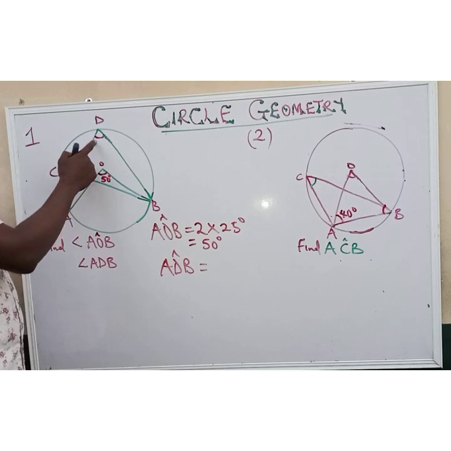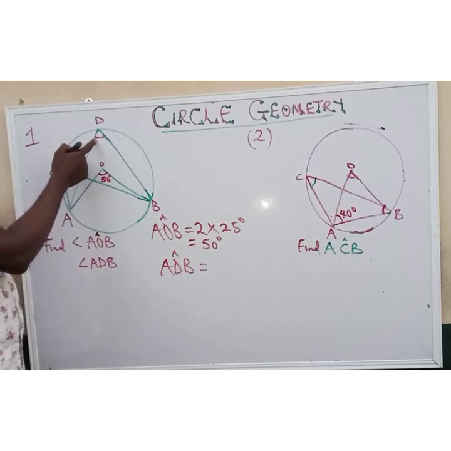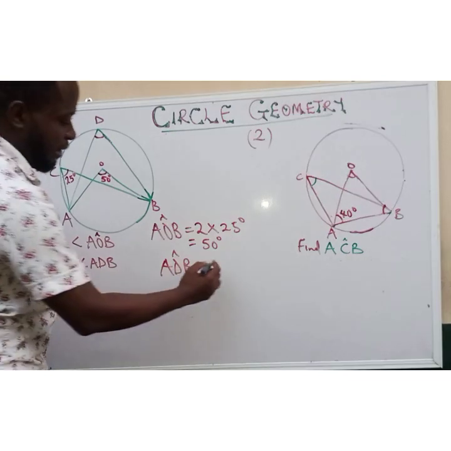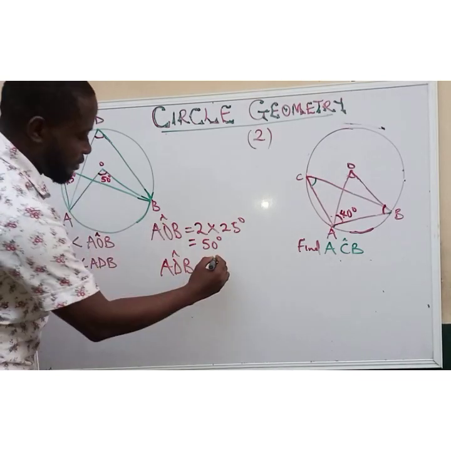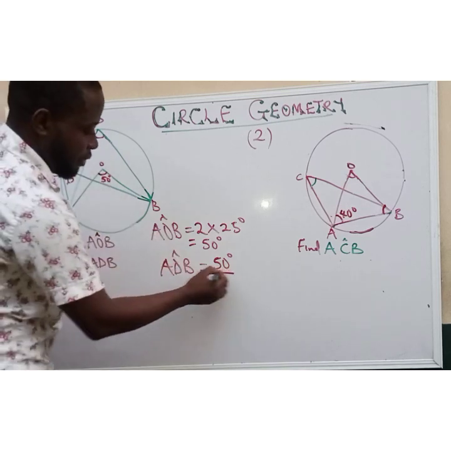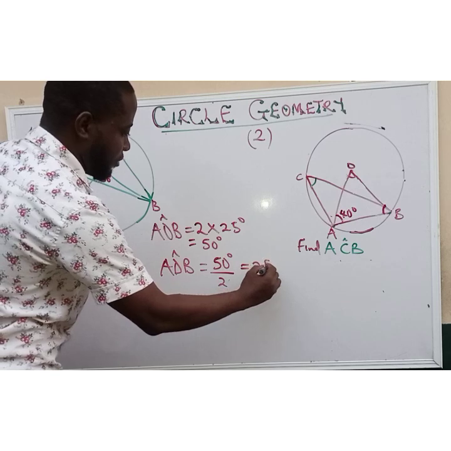The angle at the circumference is half of the angle at the center. So if the angle at the center is 50 degrees, then the angle at the circumference will be 50 degrees divided by 2, and that is going to give us 25 degrees.